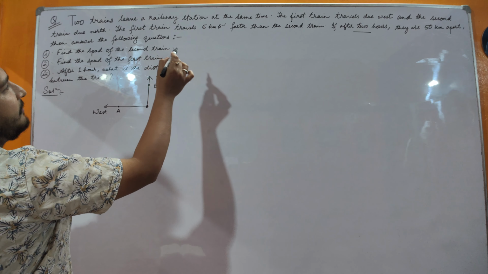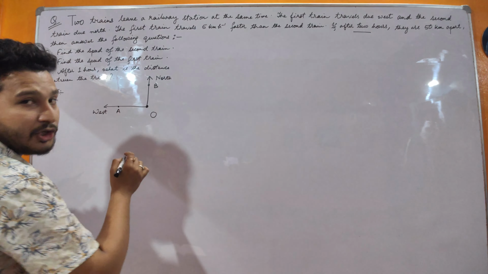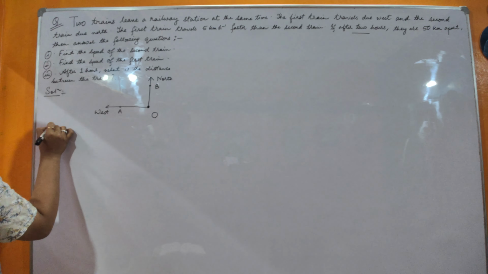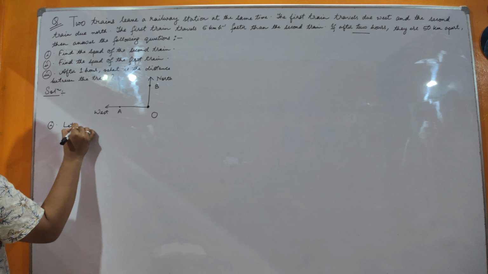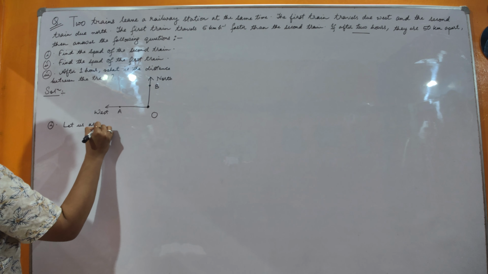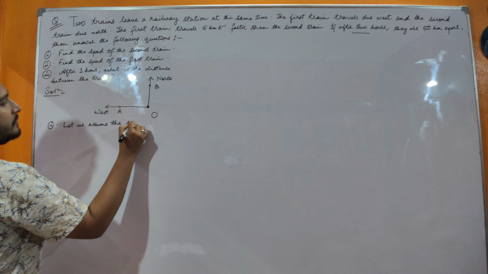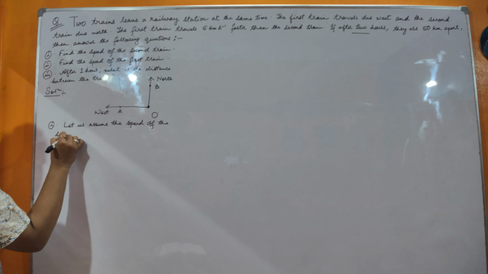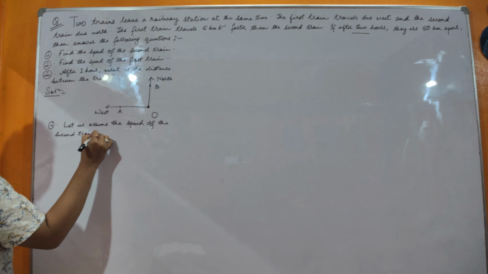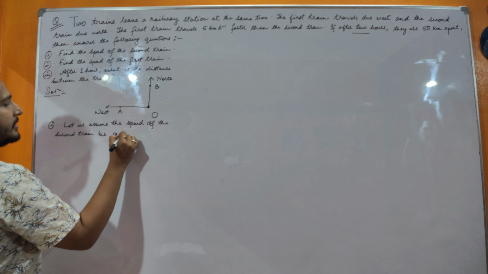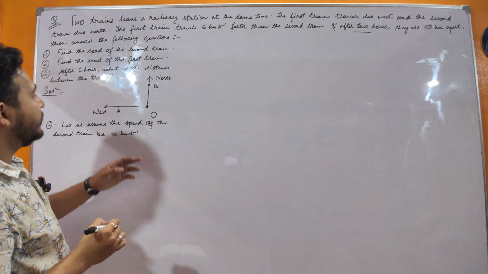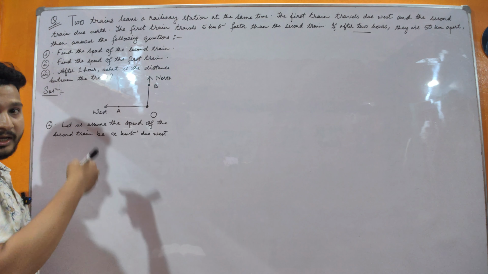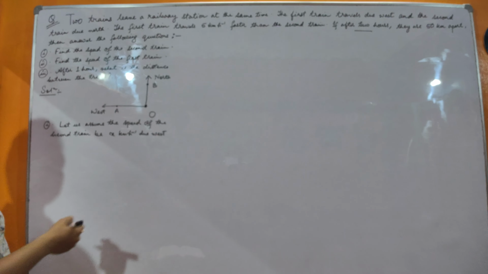The first train travels 5 km faster than the second train. So we assume the speed of the second train be x kilometer per hour. Number one, let us assume the speed of the second train be x kilometer per hour due west, since it's going west in this direction, the left direction.